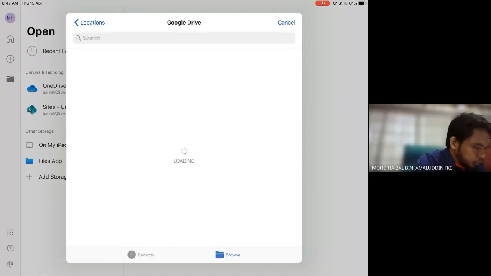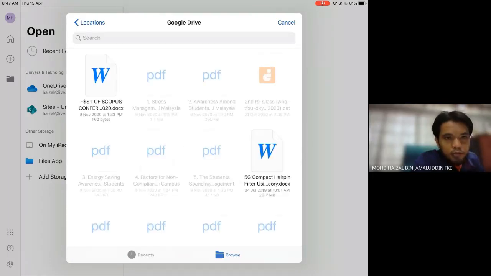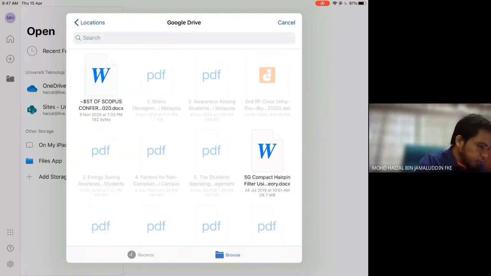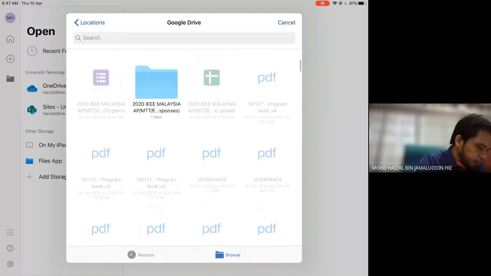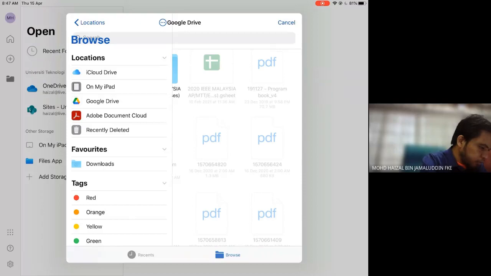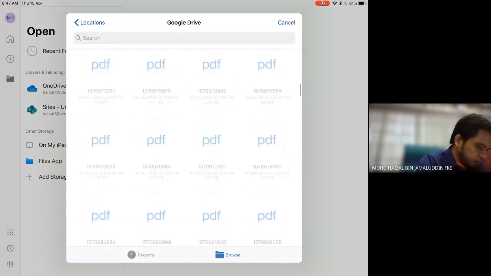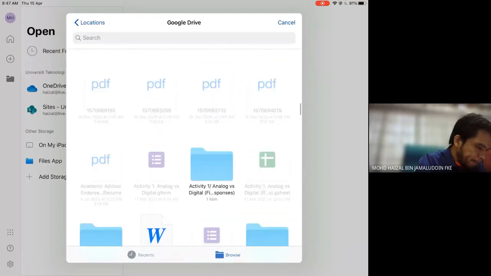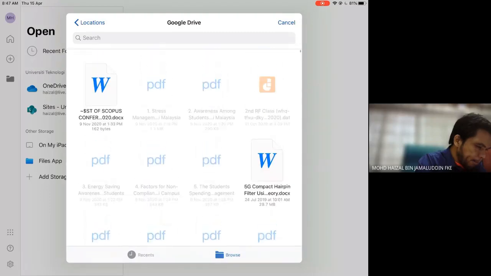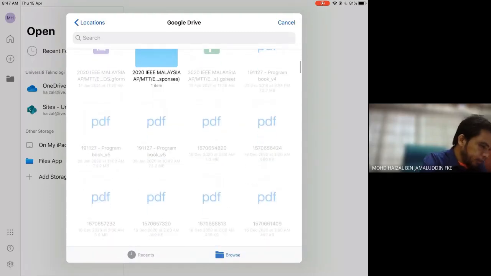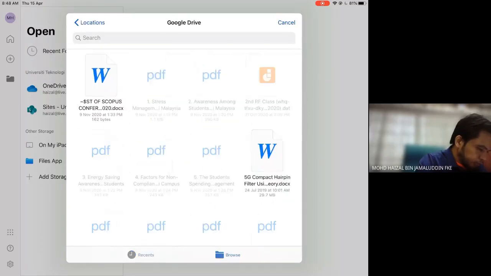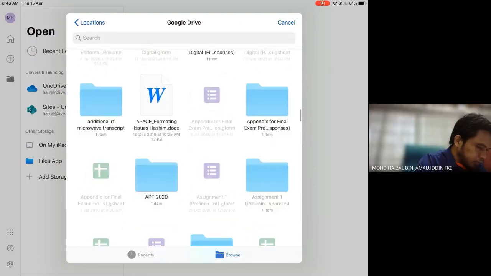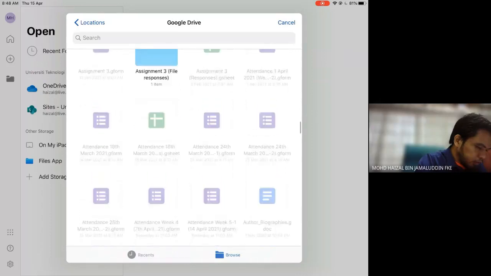So inilah teknologi ya. Alright. Google Drive. So where is my Google Drive? Ini email lain.